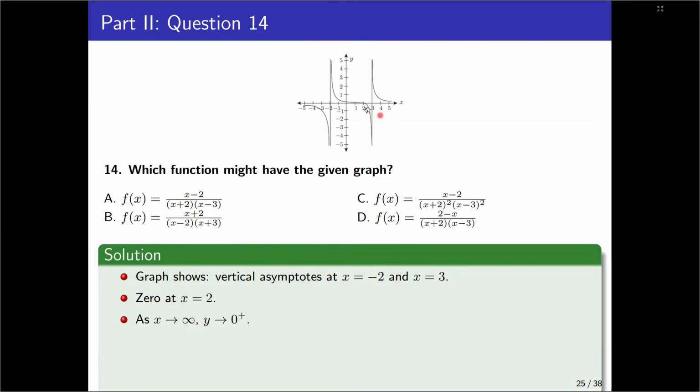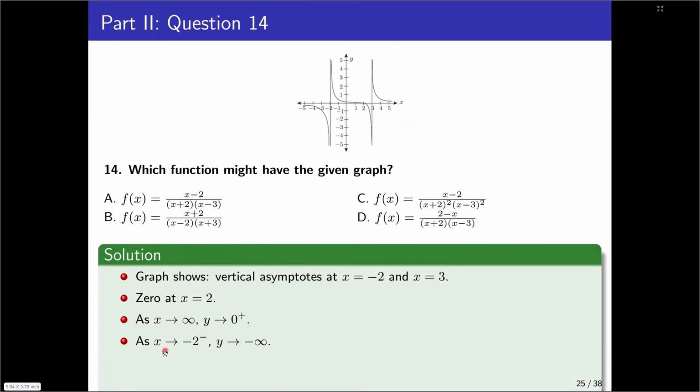Near the vertical asymptote x equal to 3, whenever x tends to positive 3 from the right side, it goes in the upward direction, but when x approaches a very large positive number, y approaches the horizontal axis from above.